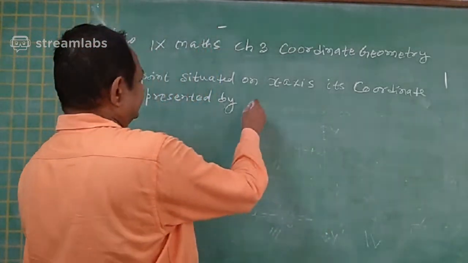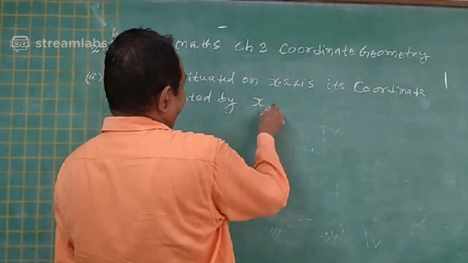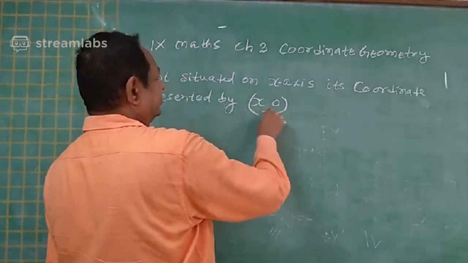So the coordinate is represented by x, 0.